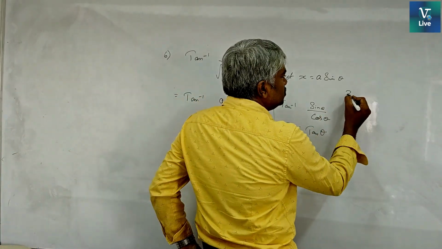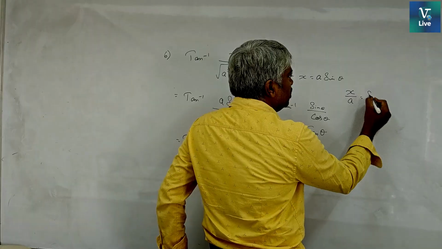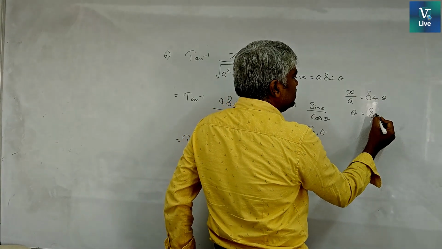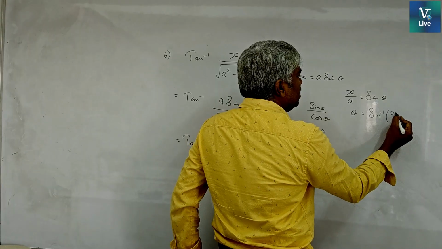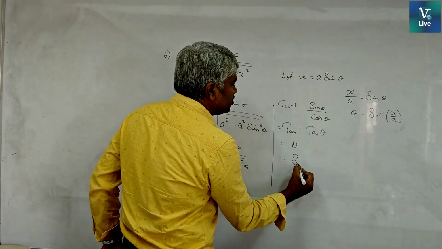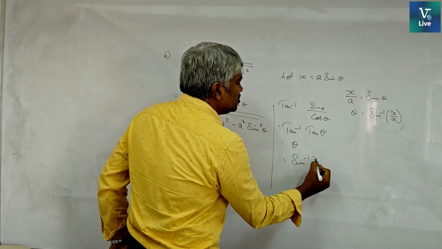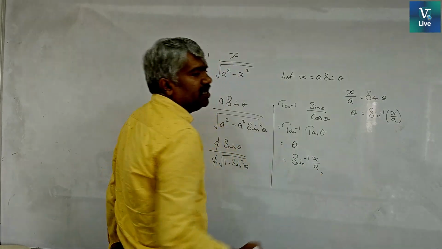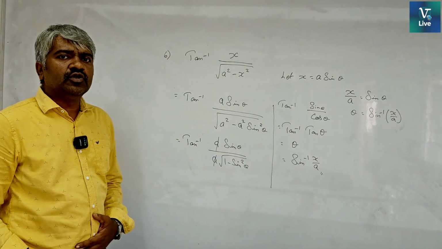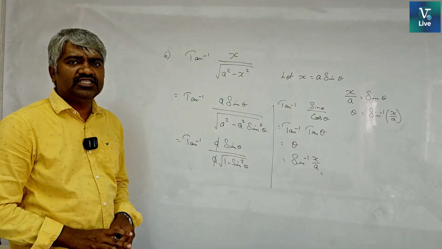So x by a equals sine theta, whereas theta is equal to sine inverse of x by a. Therefore, your solution is sine inverse of x by a. I hope you are clear with the steps here. Shall we move to the next sum?